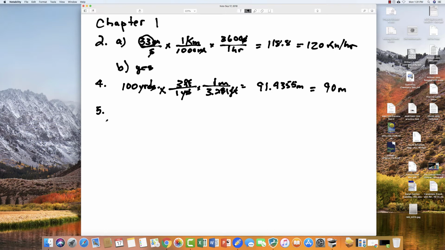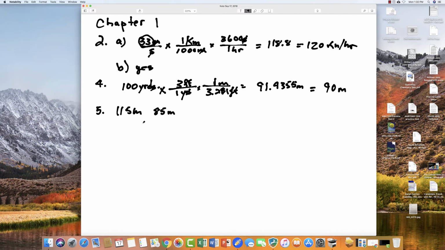Okay, number 5. Soccer fields vary in size. A large soccer field is 115 meters long and 85 meters wide. What are the dimensions in feet and inches, assuming that 1 meter equals 3.281 feet? So it's the same conversion as this.